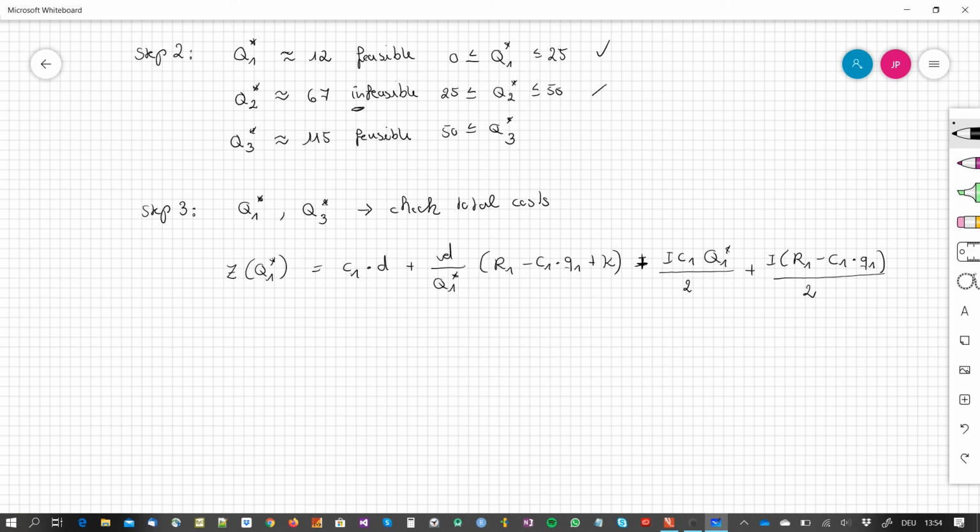Okay, so this is our formula. We need to plug in now our data for it. One last extensive version. Here I use the 12 units, so I'm rounding up.